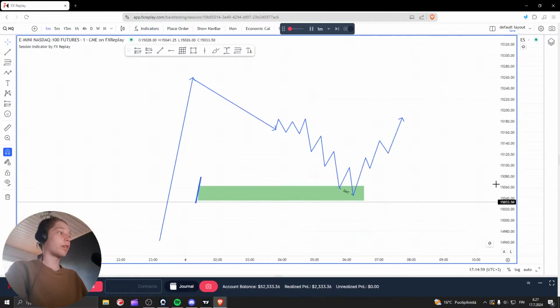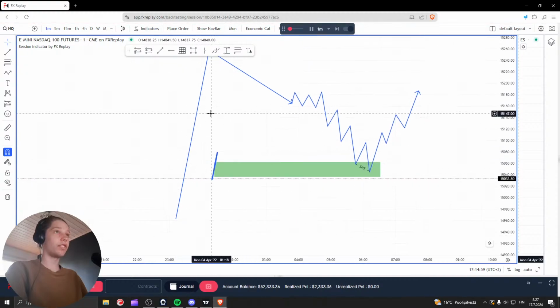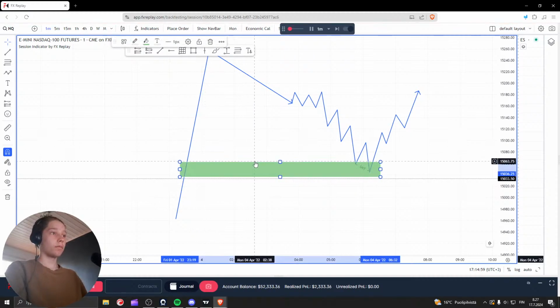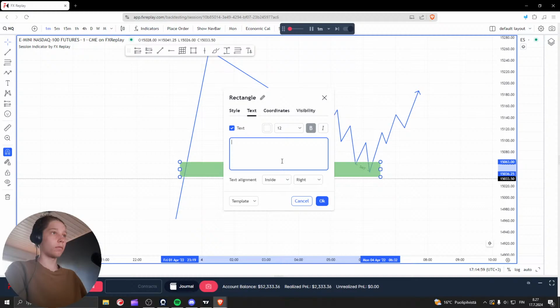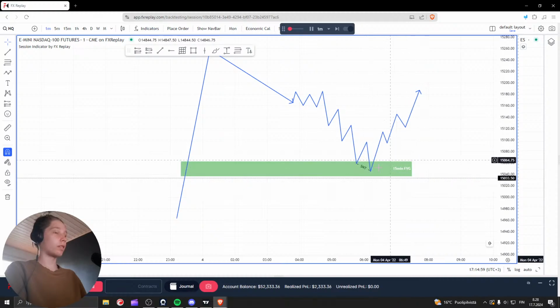So this market maker buy model occurs, let's say, on the 1 minute chart, and this is a 15 minute range. This is a 15 minute fair value gap. That is reasonable to expect rejection away from.